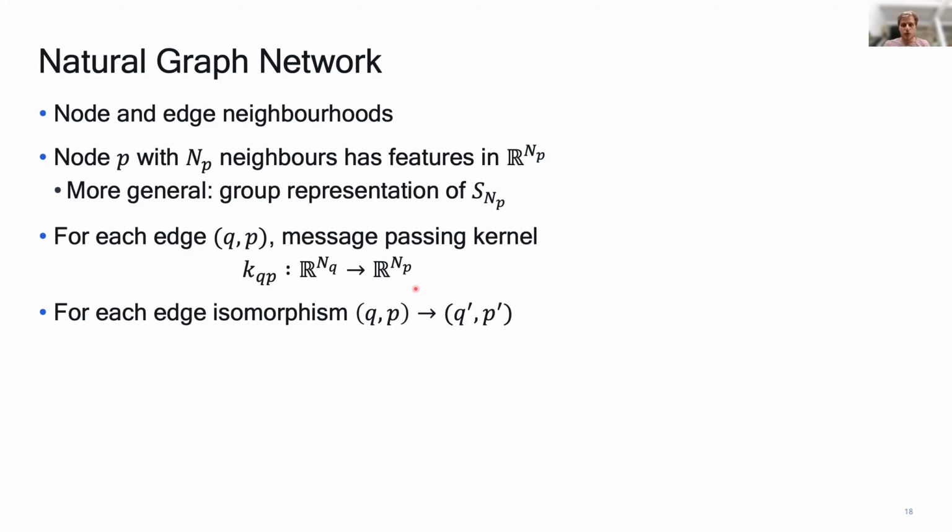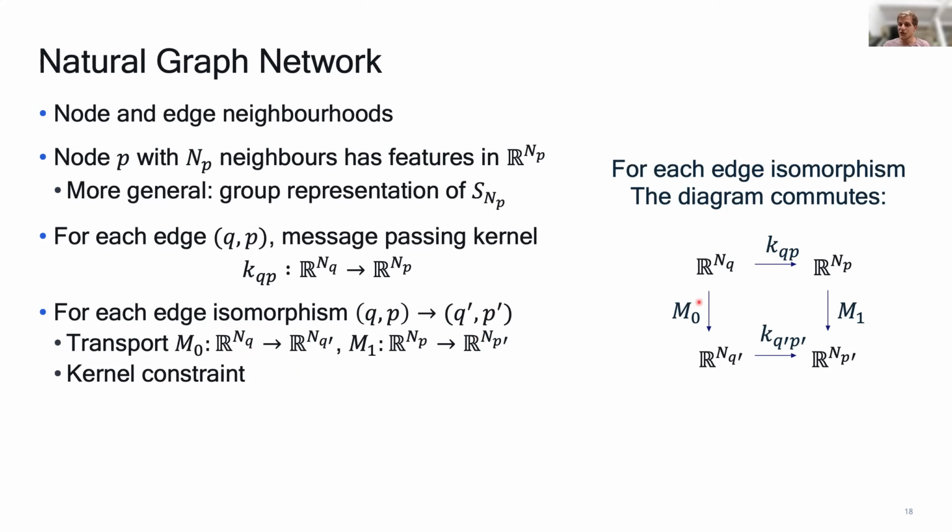Namely, if we have two edges that have isomorphic neighborhoods, and we have linear maps that relate the features at Q to the features at Q prime and the features at P to the features at P prime, then we have a linear constraint, namely passing the message from Q to P and then applying the isomorphism to P prime is the same as first applying the isomorphism from Q to Q prime and then doing the message passing. This is the same diagram as we saw before.